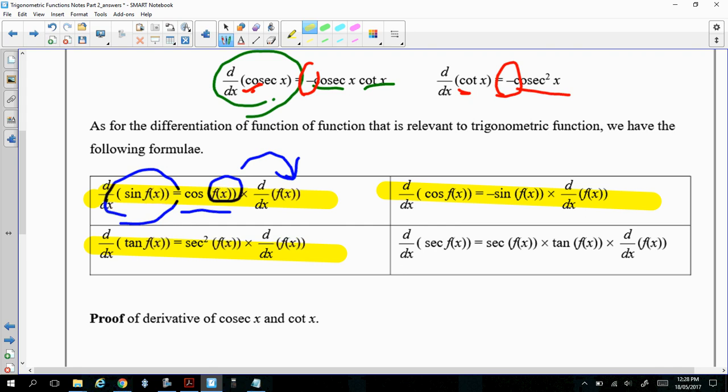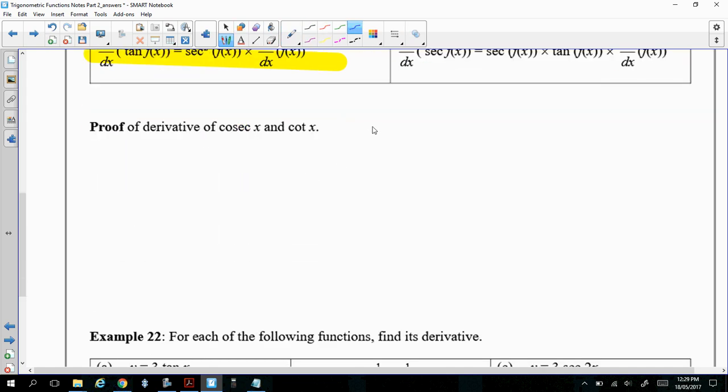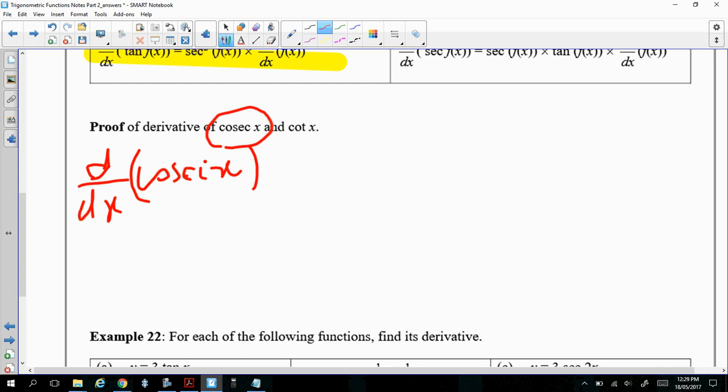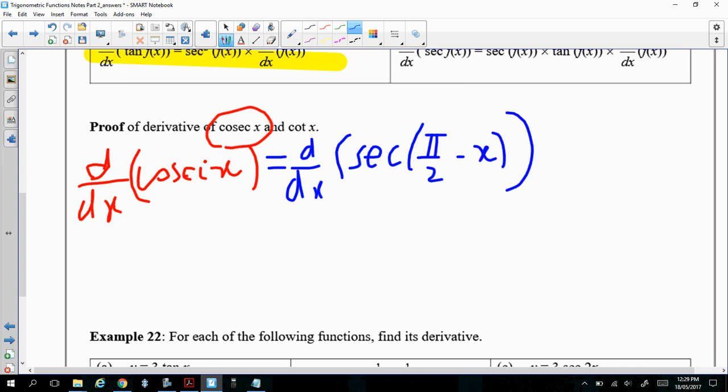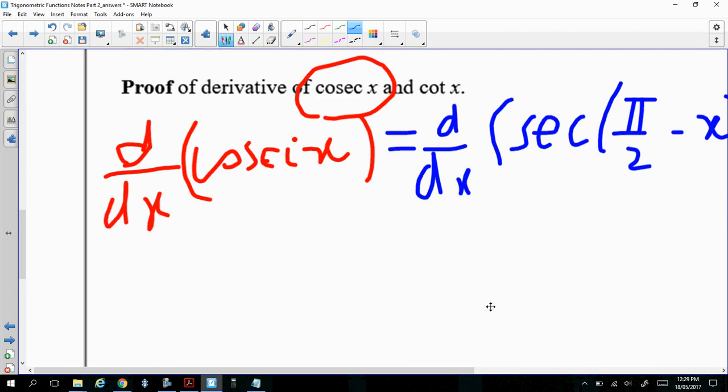Okay. Let's do the derivative of cosec and cot. Why does the derivative of cosec and cot look like this? We can use the same ideas. Differentiating cosec x is the same as differentiating sec of pi over 2 minus x, isn't it? And when we differentiate sec, we know the rule: the derivative of sec is sec and tan.